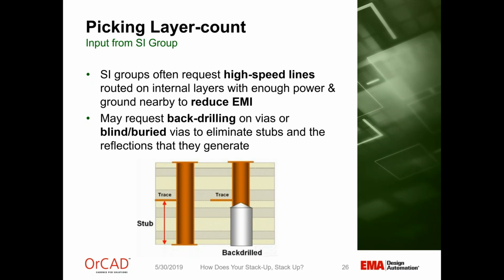So that is something that can be done and adds additional costs. So it's a bit of a trade-off. Is the signal quality important enough to warrant the cost, or is it not? That's a decision that you can make. But back drilling and using blind and buried vias can be beneficial for signal integrity quality most of the time. But again, it's the trade-off with cost.